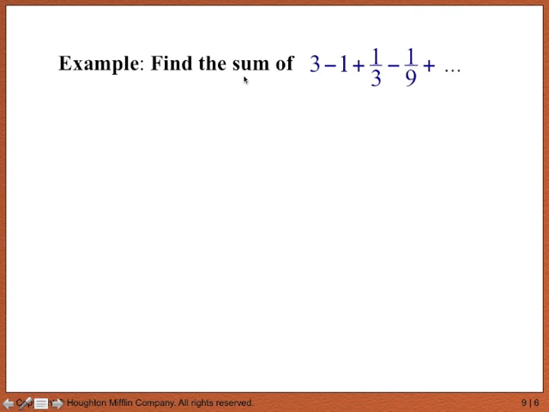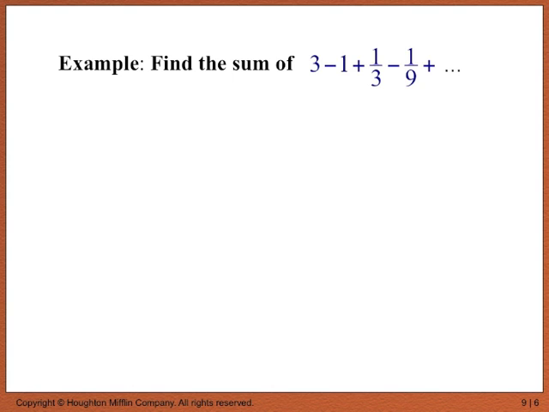If you find the sum, you're finding the infinite geometric series, or simply the geometric series. So here you have to find the sum of all this infinity of terms. Pause the video, do this on your own, and then resume when you have an answer.